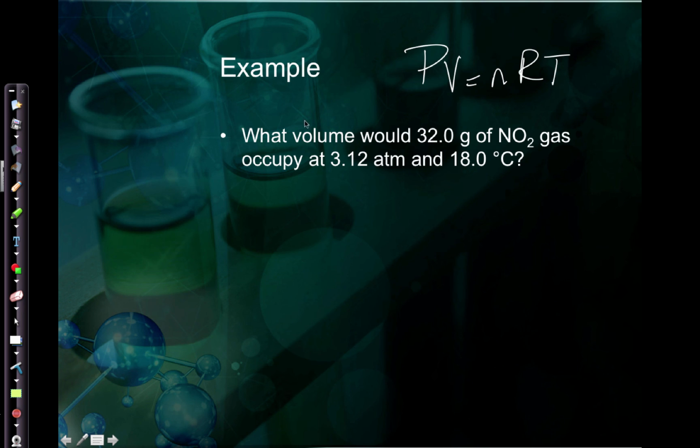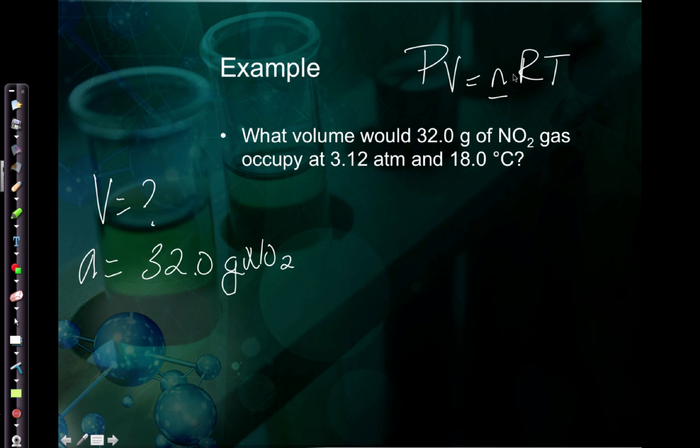All right, so what volume would 32 grams of NO2 be equal to? So we're looking for a volume here. If they give you 32 grams, that more than likely is going to be your n, or your amount. So n is going to be your number of moles, but we can get moles from grams.